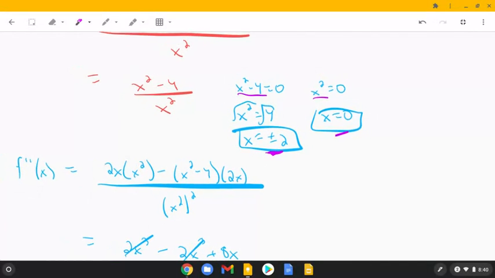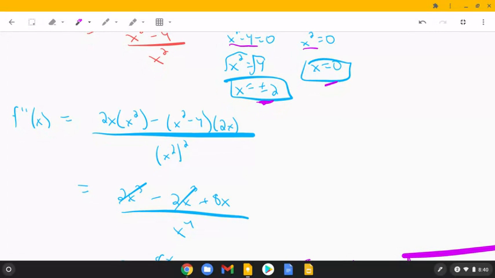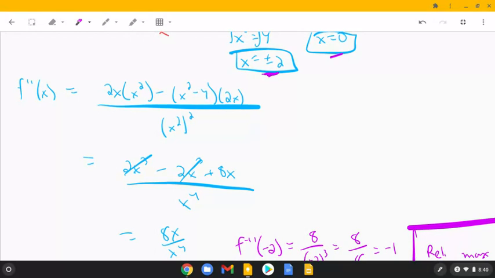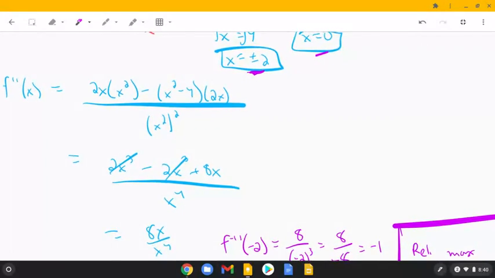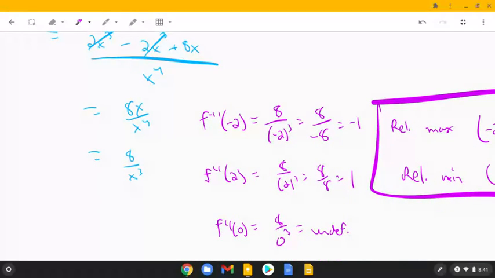We now need to find the second derivative, which you can use the quotient rule again. So when I did that, it reduces down to just 8x over x to the 4th. And then we're going to plug these three numbers into our second derivative. So it looks like 8 over x to the 3rd is what our second derivative reduces down to.